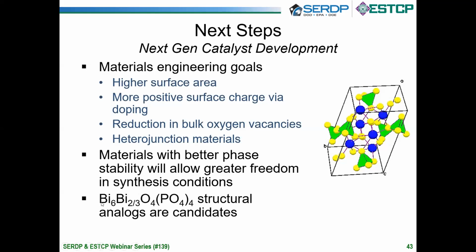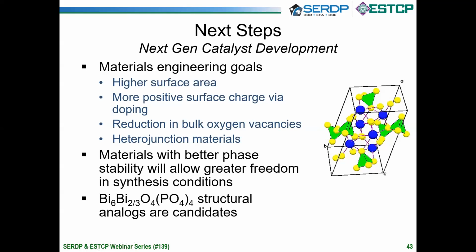We've actually recently discovered that BOHP really belongs to a wider family of bismuth oxyphosphate materials, which is shown here. This is what I consider the parent structure, which has this additional bismuth site with partial occupancy. And in BOHP, we've replaced this with hydrogen, but we can also replace this site by doping with any number of monovalent, divalent, or trivalent ions.